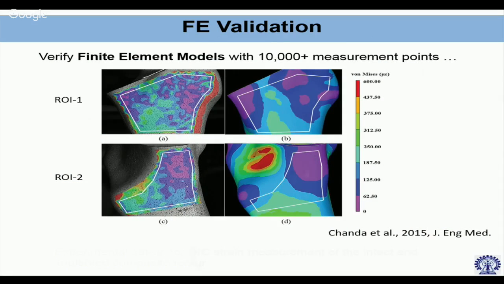Now, when we compare and verify the finite element model results, you can see on the right we have the FE predictions, the strain patterns, and on the left we have the actual measurement. One is for the natural case, the other is for the implanted case.